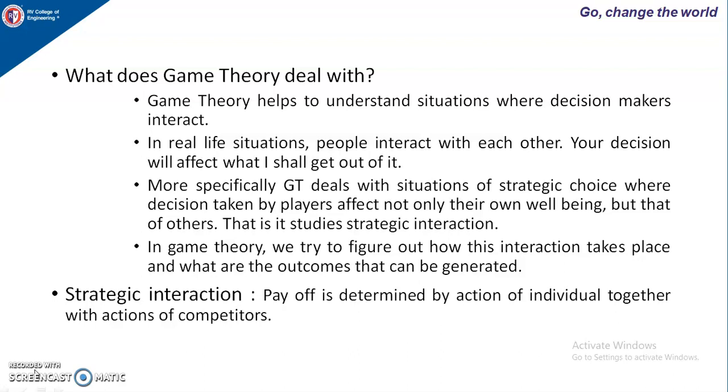That is, it studies strategic interaction. In game theory, we try to figure out how this interaction takes place and what outcomes can be generated. In strategic interaction, the payoff is determined by the action of the individual together with the actions of competitors.